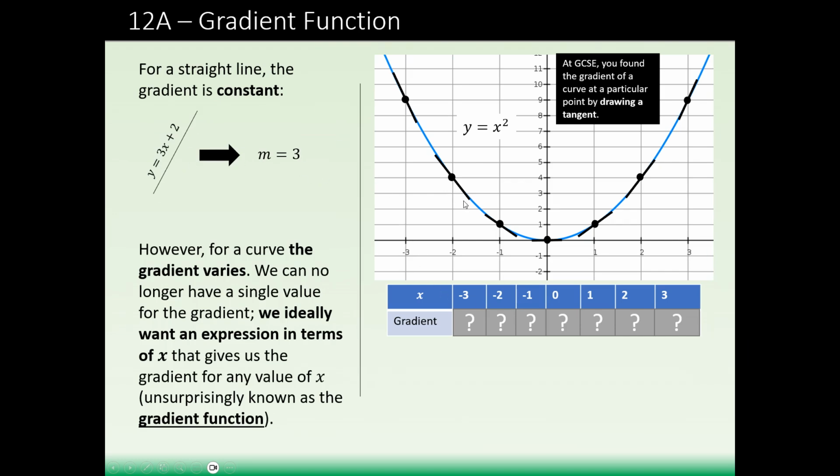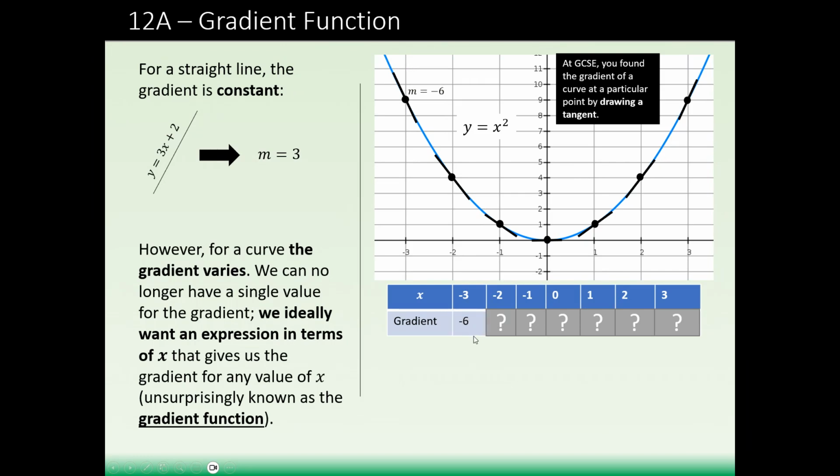So here, just imagine that you are going to work out the gradient. What you need to do is draw yourself a right angle triangle somehow and try to guess the change in height divided by the change in base. Okay, so I'm going to guess that minus 3 is going to have gradient minus 6. Let's see.